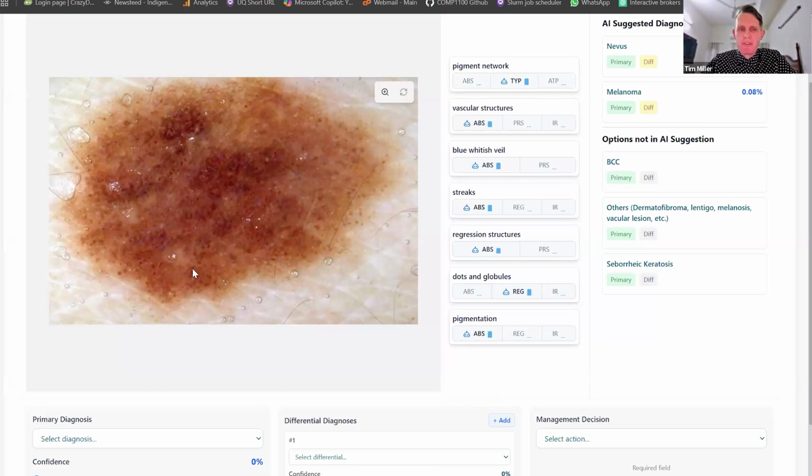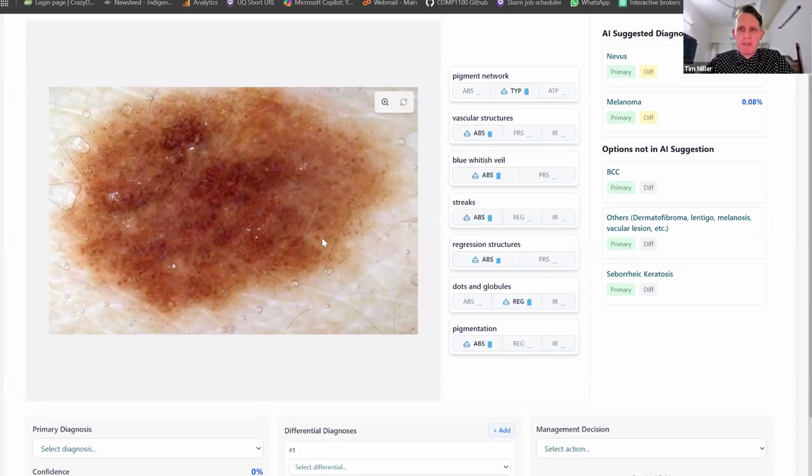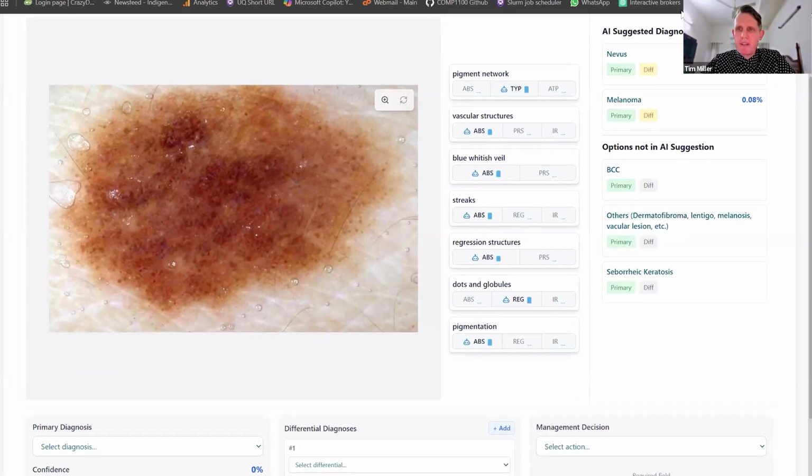So here we have a simple example of trying to diagnose whether this is a skin lesion. And what you can see here is the evaluative AI thing I did. I'm going to walk you through it because it's a little bit complicated. On the left are different diagnostic criteria that dermatologists use. These are slightly out of date now; I think there are some new ones coming up at the moment.